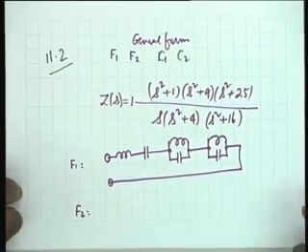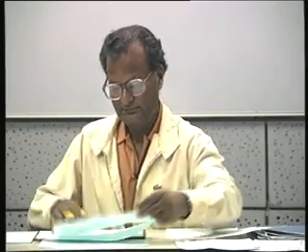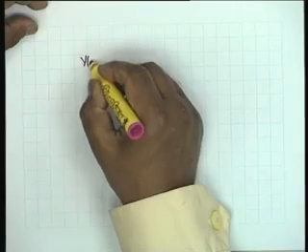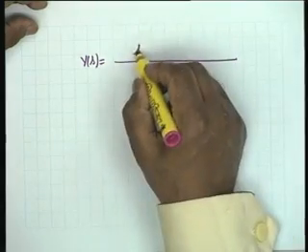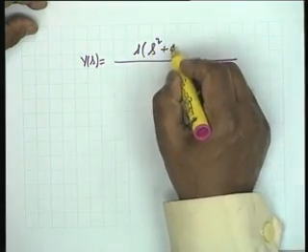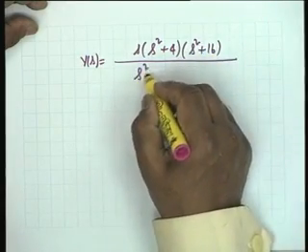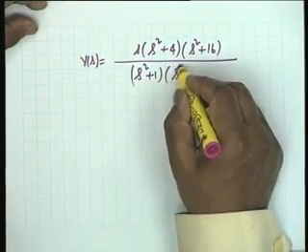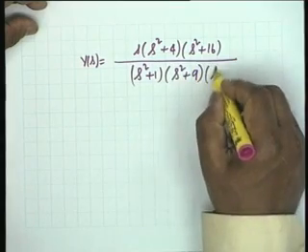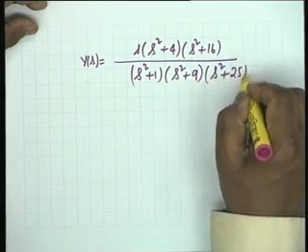For F2, you take the admittance function. Y of S is equal to S times S square plus 4, S square plus 16, over S square plus 1, S square plus 9, S square plus 25.